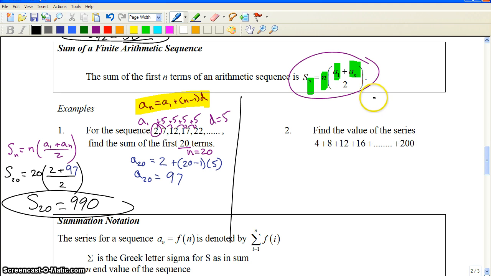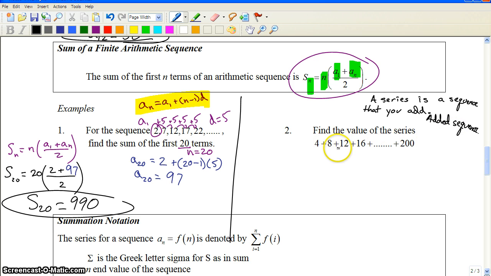A series is a sequence that you add. It's an added sequence, which is probably bad English. We'll give you more formal stuff in a little bit. But it's an added sequence.